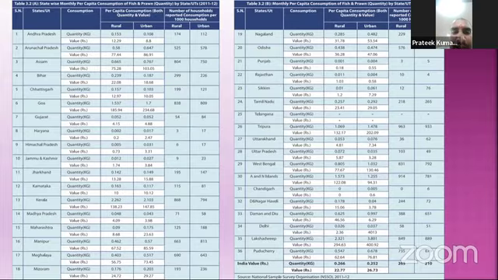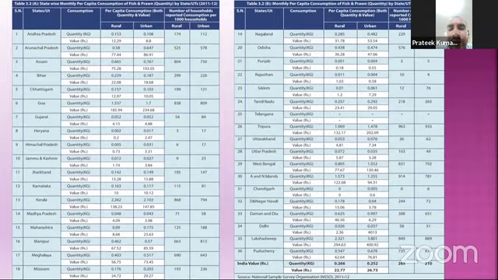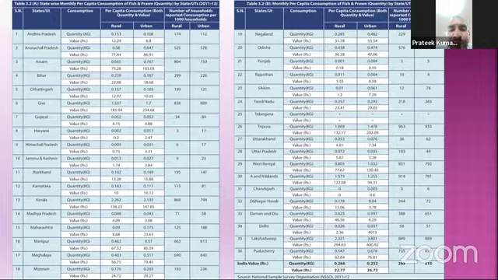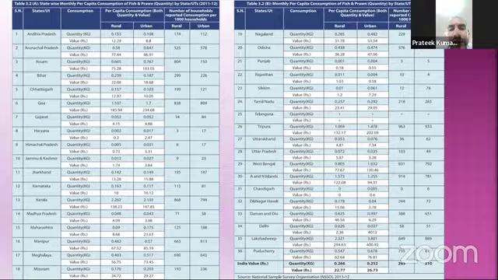Here we have put the table of state-wise monthly per capita consumption of fish and prawn in quantity by state for 2011-12, and we have found the results. These include each and every state in the table, with quantity in kilograms and value in rupees for rural area, urban area, and rural and urban combined.